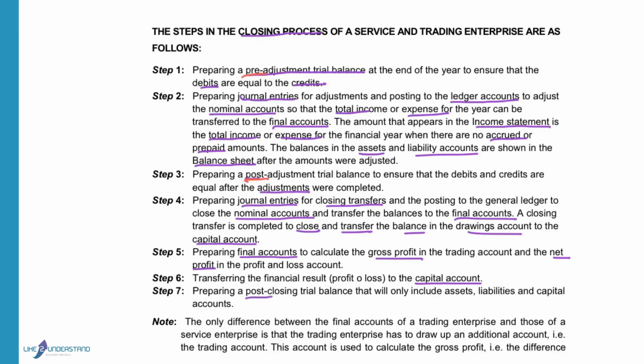That means after you closed all your accounts, and this post-closing trial balance will only include assets, liabilities, and capital, because all the nominal accounts were closed off to the final accounts, and drawings were closed off to capital, so you can only have assets, liabilities, and capital. And all these assets, liabilities, and capital in the post-closing trial balance will be used to complete the balance sheet.